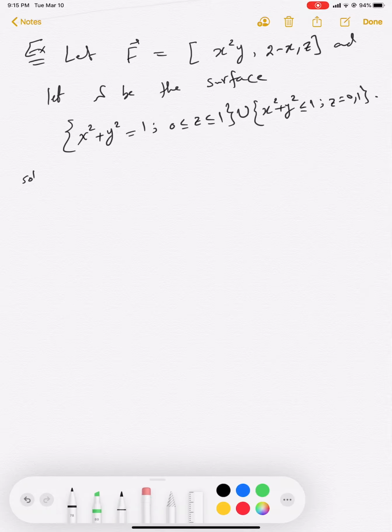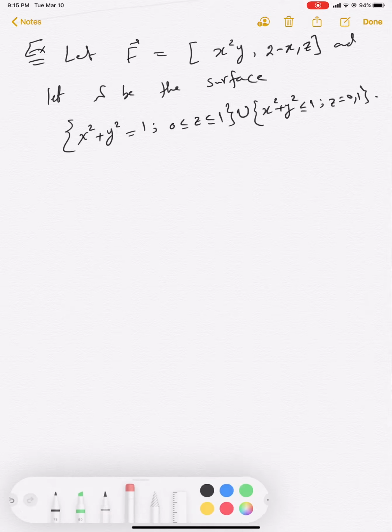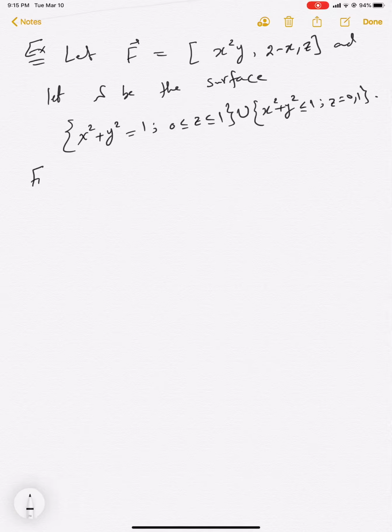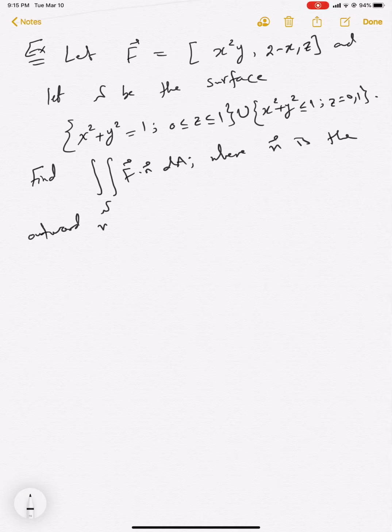And the question is, let's find the surface integral of f dot n dA, where n is the outward normal vector.